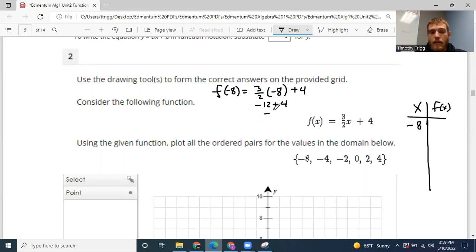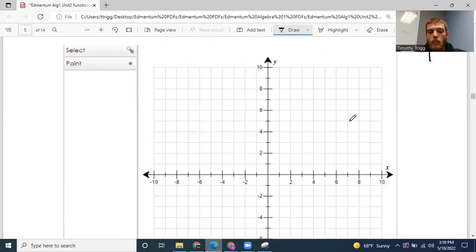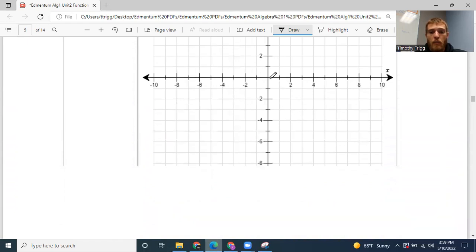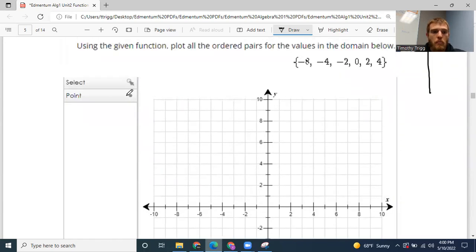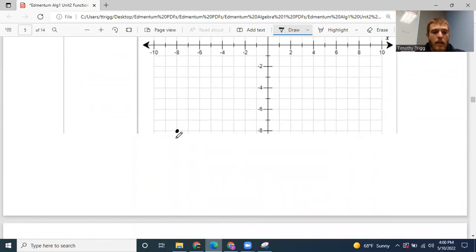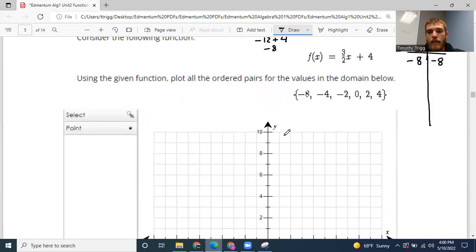That gives me negative 8. So negative 8, comma, negative 8. So in this case, with an input of negative 8, the output is also negative 8. So I'm going to go ahead and put that point where it belongs, negative 8, comma, negative 8, right here. So you would go to the point tool, click on that, and then put a point right here.